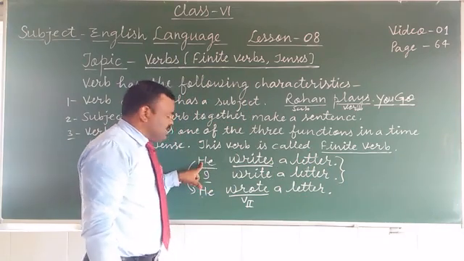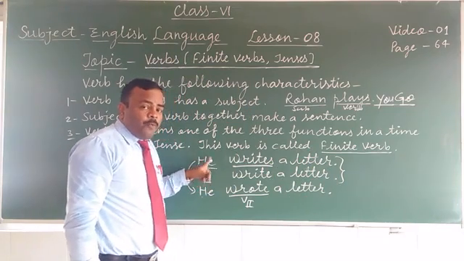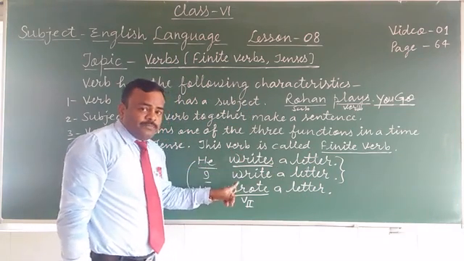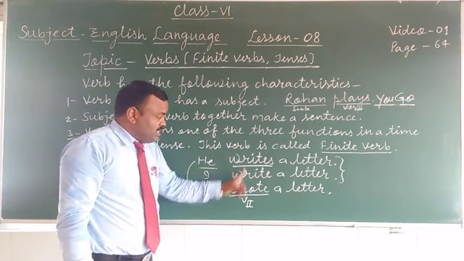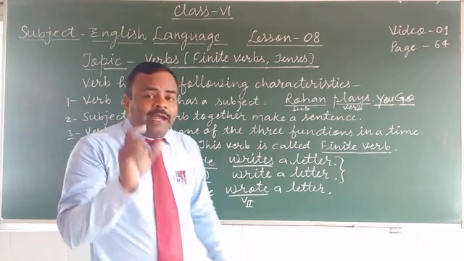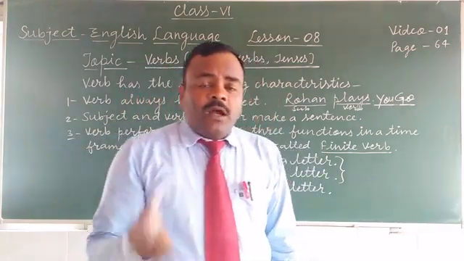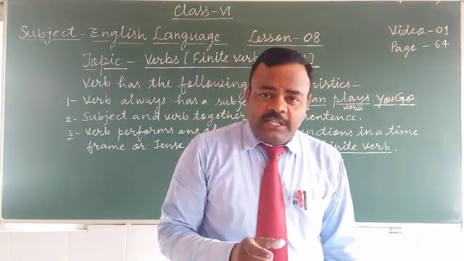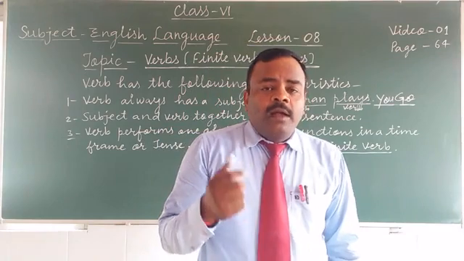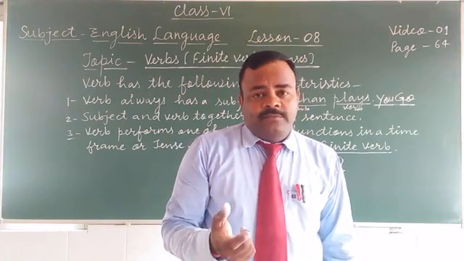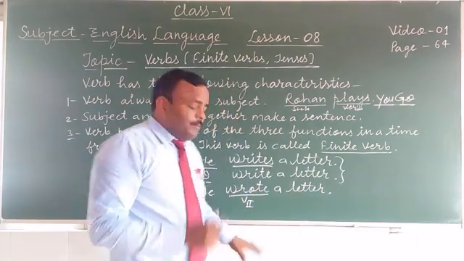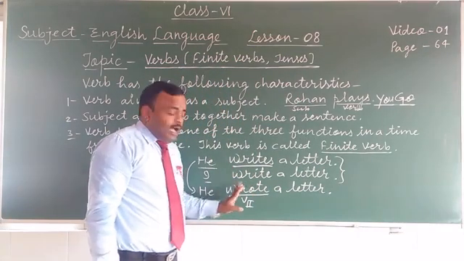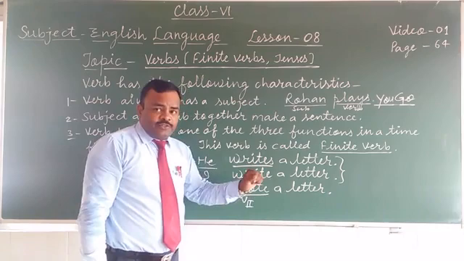According to the subject, means singular or plural, the verb is changing. According to person, first person, second person, third person, the verb is changing. It means finite verb changes according to the subject, its number and person. Okay? So number, person, the verb is changing and it changes according to tense also.